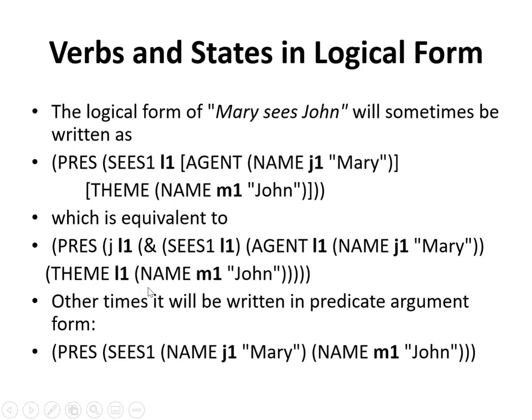Now, what do you mean by this? It is Mary sees John. So there is an agent L1, and the theme is whom Mary saw, that is nothing but John. So it will be written in predicate argument form like this: name J1 Mary, name M1 John, sees present tense.